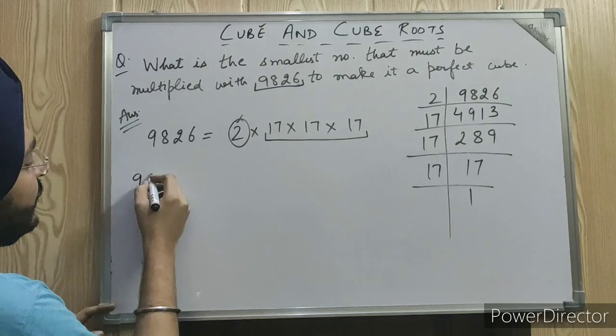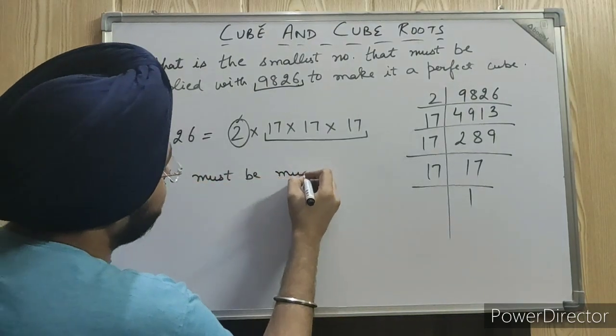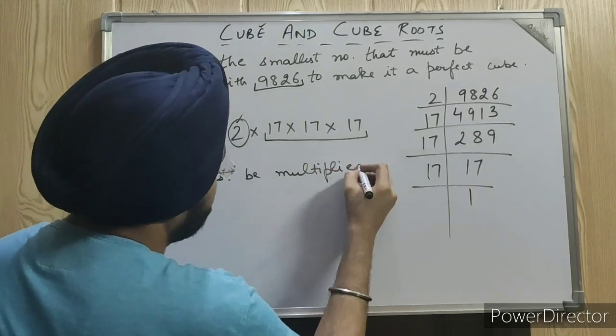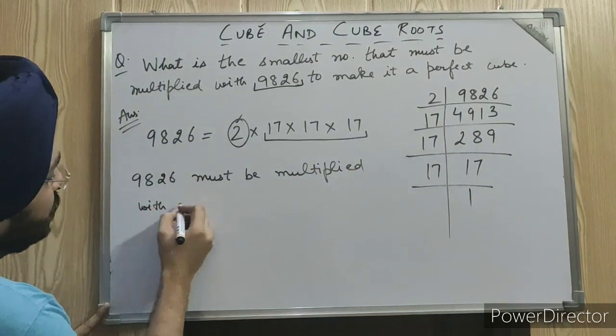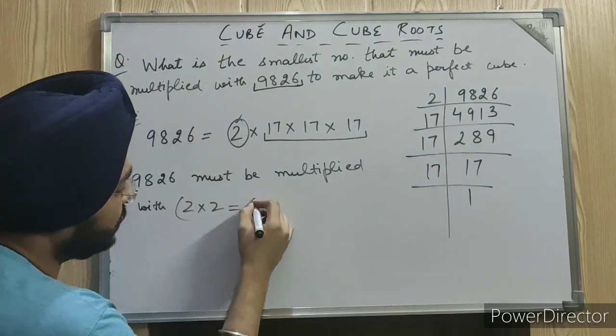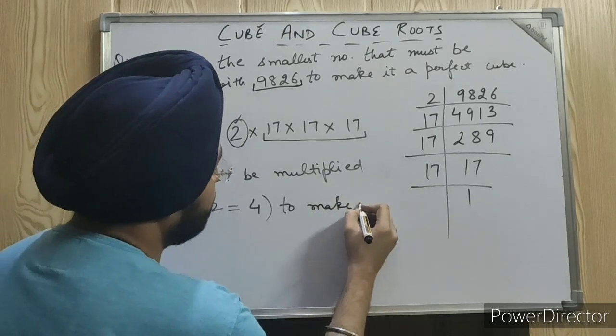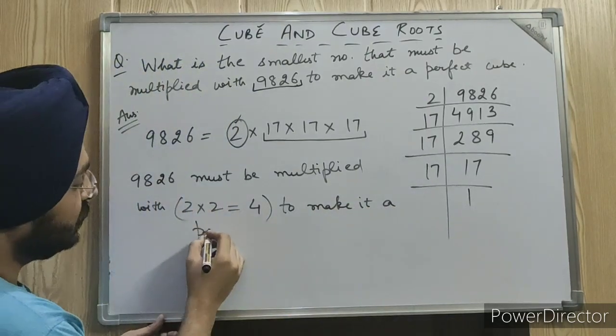So I will be writing here 9826 must be multiplied with two 2's. Basically 2 into 2, which I will be saying here what? 4 to make it a perfect cube.